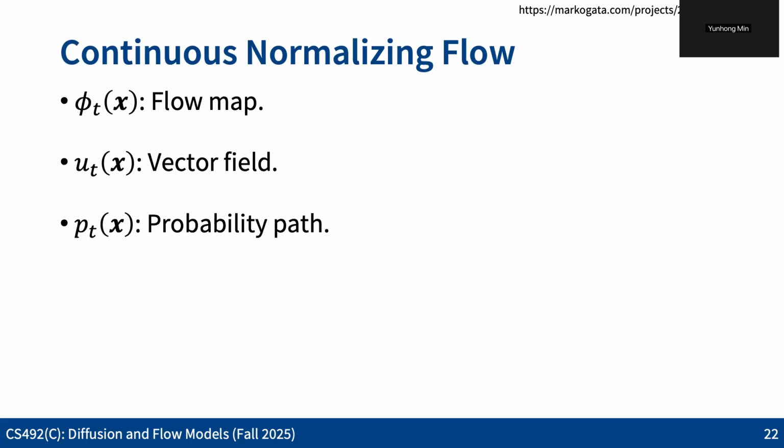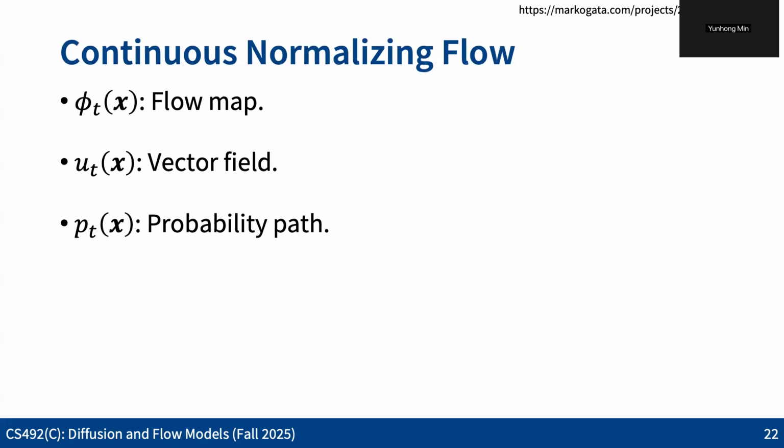In the diffusion models, for the score-based models, what we have seen is that we define this first, right? We defined the probability distribution for the intermediate data point by injecting Gaussian noise, doing some Gaussian convolution.